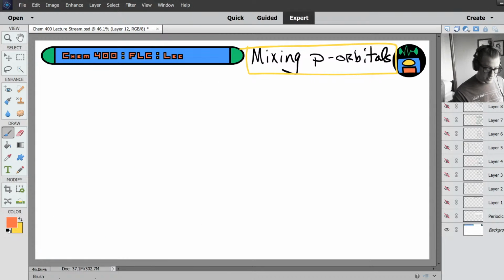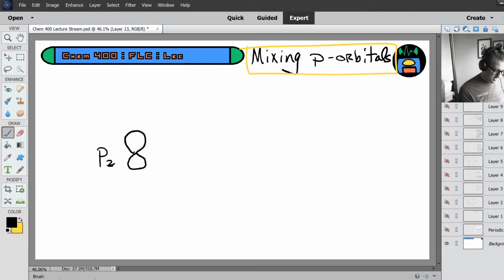Now let's look at what happens when you mix px and pz. We're going to start with pz. When you look at pz, it's in plane, up and down.